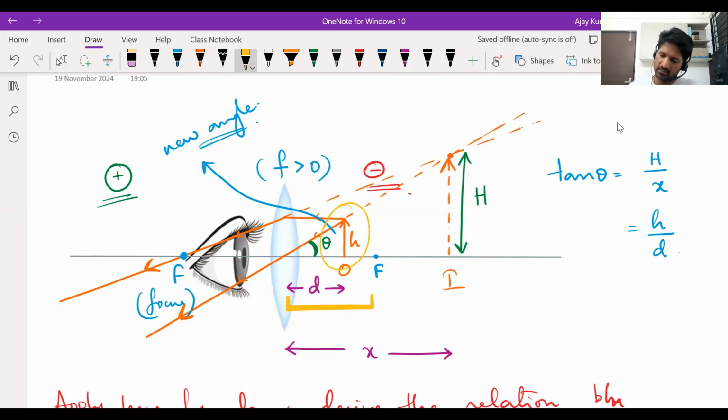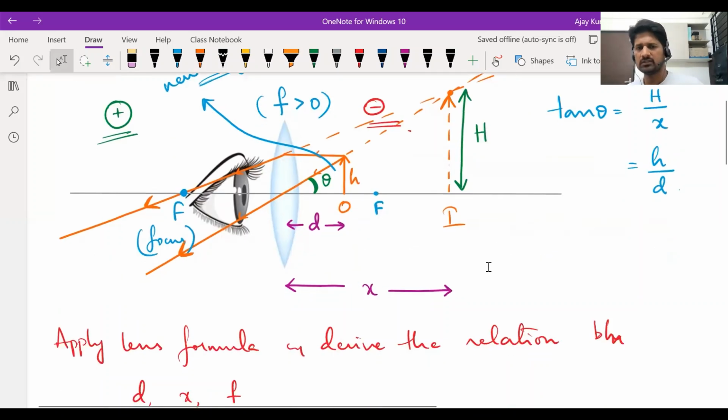Only when the object is placed within the focal length can you get an enlarged image like this behind the lens. Once the object crosses focus, the image will form on the other side, and then you can't see it clearly. So set aside some time and work on ray diagrams by mirrors and lenses. In all possible cases, you should be very comfortable imagining the image formation.